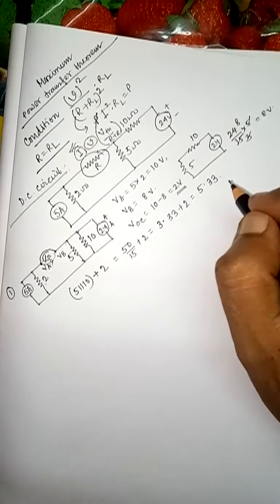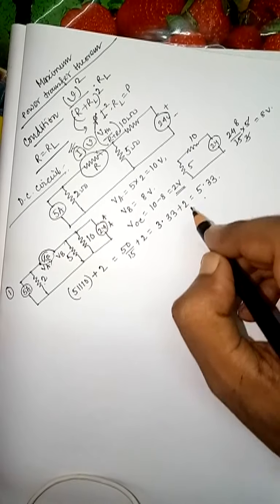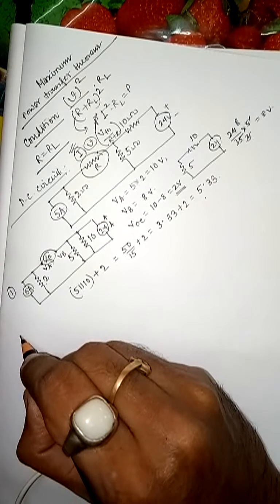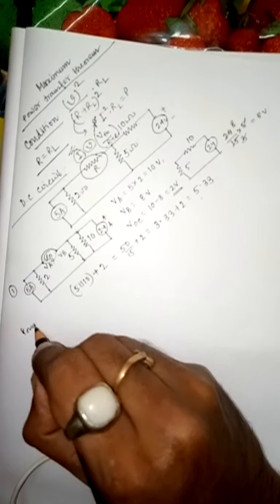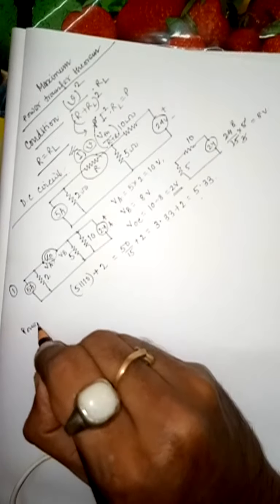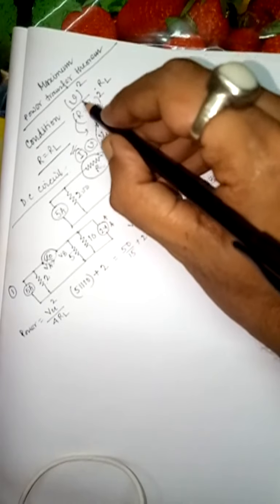So what is the maximum power here? That power is VOC square by 4 RL. That is the maximum power. Why? Because if you put R equals RL in this equation, it is maximum.